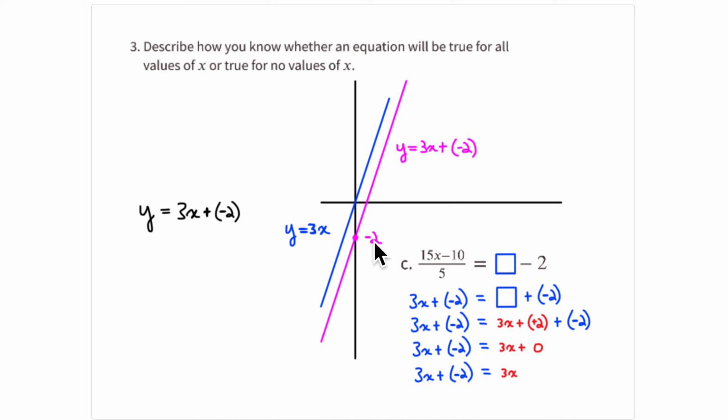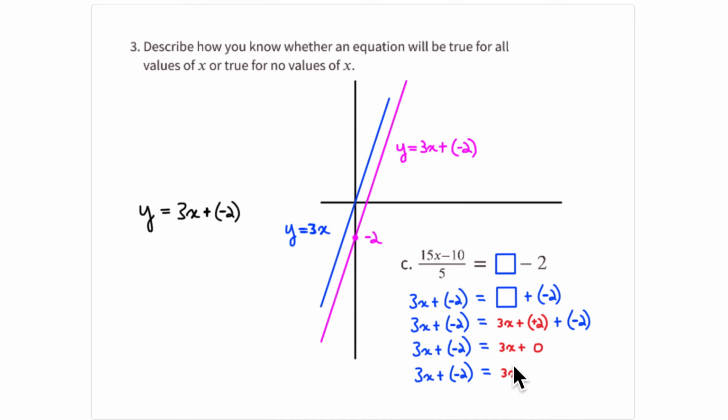So for 1 unit in the x direction, the length along the y-axis is 3 times that. 1 unit 3 times. So that's always going to be 2 units less than whatever I find as the corresponding point on this line.